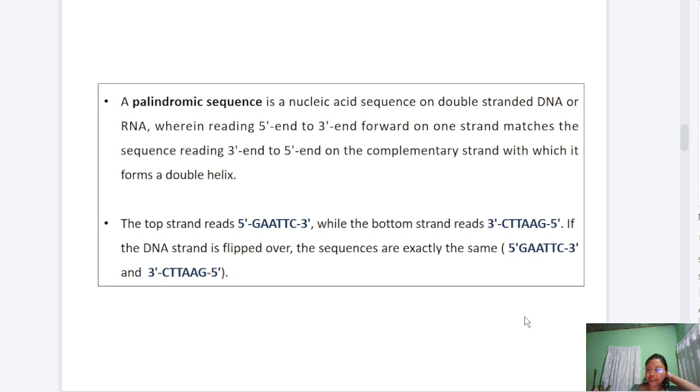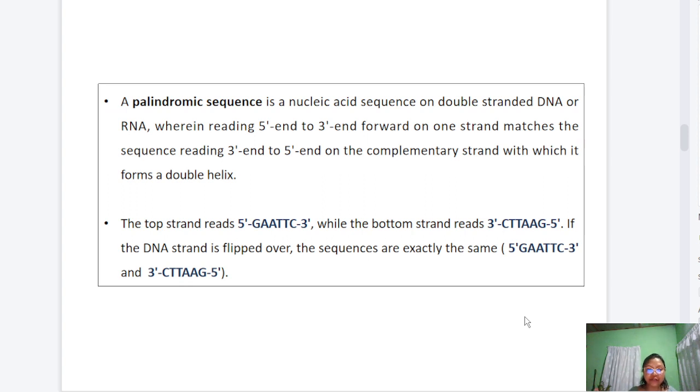So a palindromic sequence is a nucleic acid sequence on a double-stranded DNA or RNA, wherein reading 5' to 3' forward on one strand matches the sequence reading 3' to 5' on the complementary strand, with which it forms a double helix.